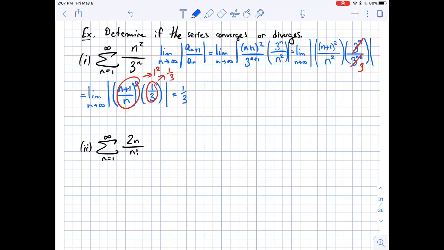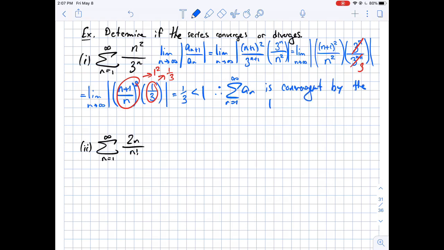And again, similar to all of the other tests, once you've done your limit, you stop for a second and consider what this means. We have here 1/3, and we're doing the ratio test, so we want this limit to be a number that is not 1, and specifically we had this limit is less than 1, which means that by the ratio test, this series a_n is going to be convergent.